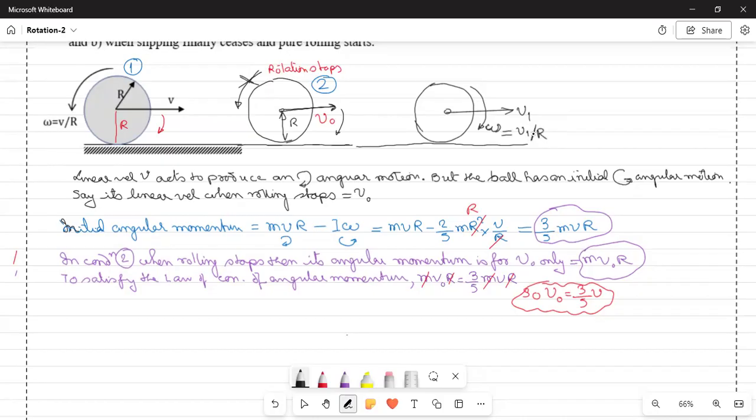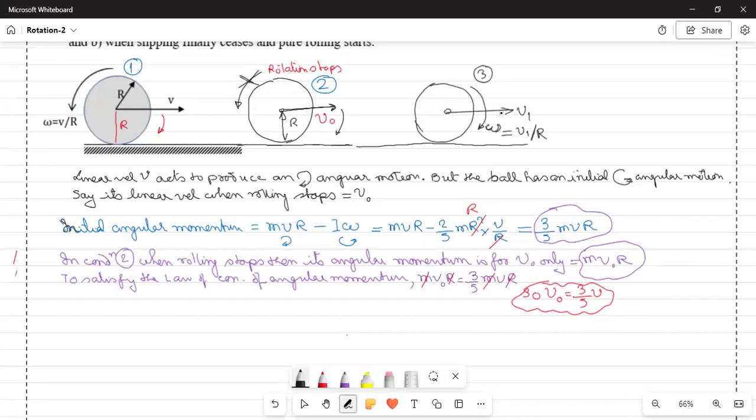I think I could explain this properly. Here, in situation 2, the rotation has stopped. In situation 3, since v0 is not 0, the ball continues to travel in the forward direction.